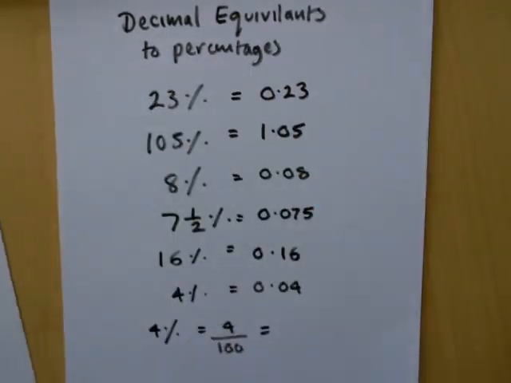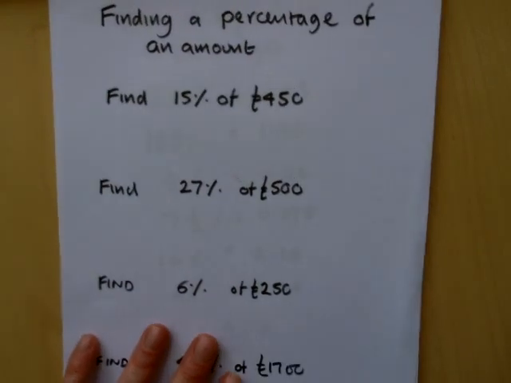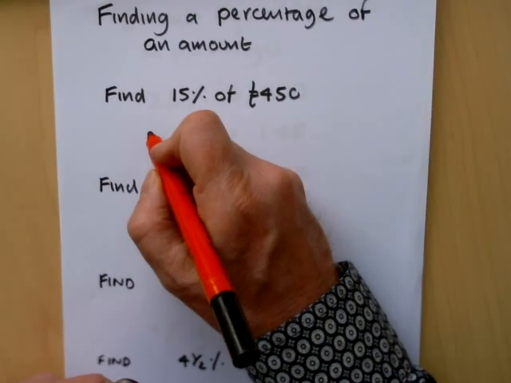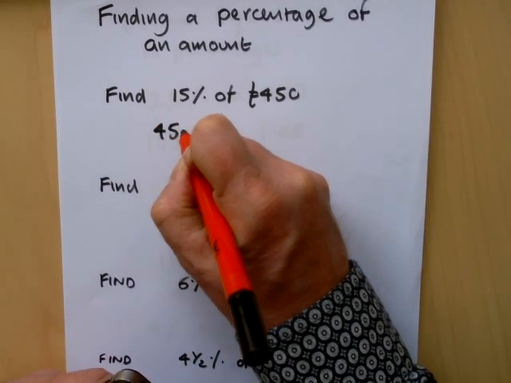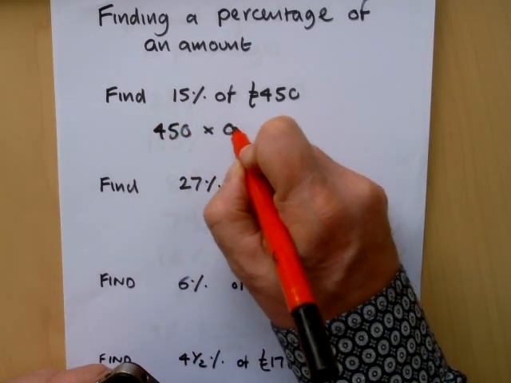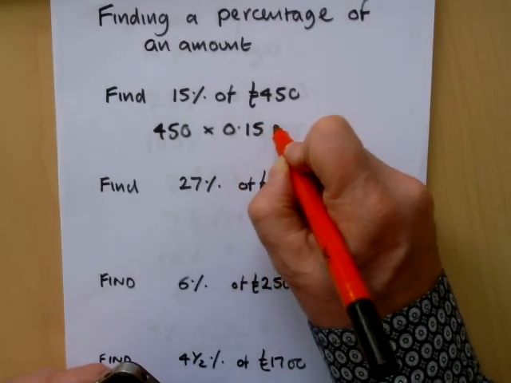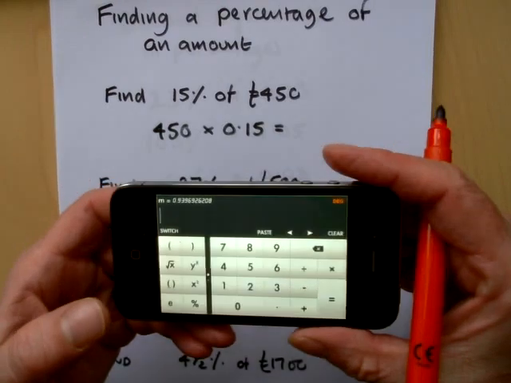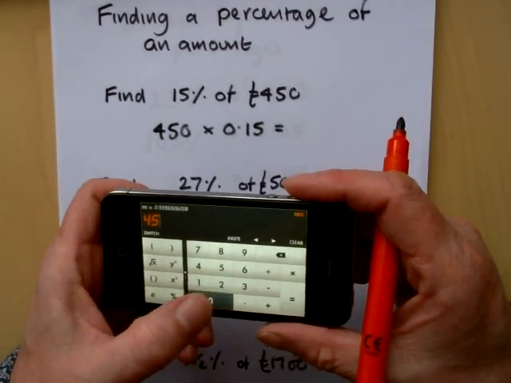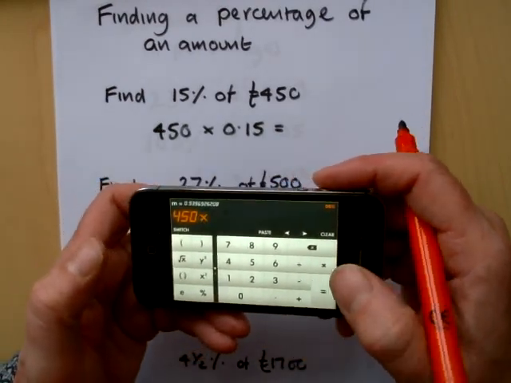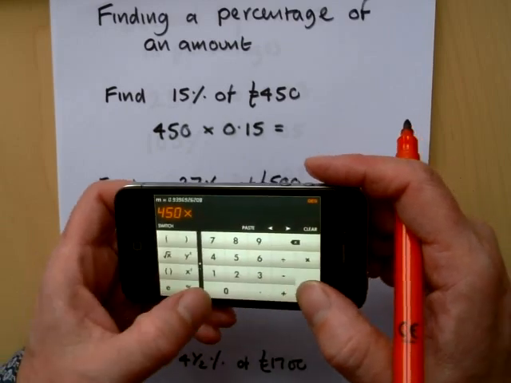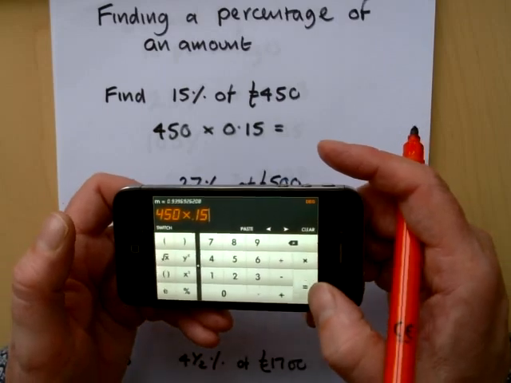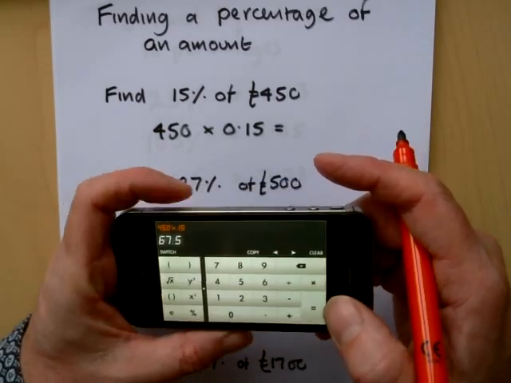So let's have a look at these questions then, and see how simply they can be done. If I'm going to do 15% of 450, then all I do is 450 times 0.15 equals 67.5.